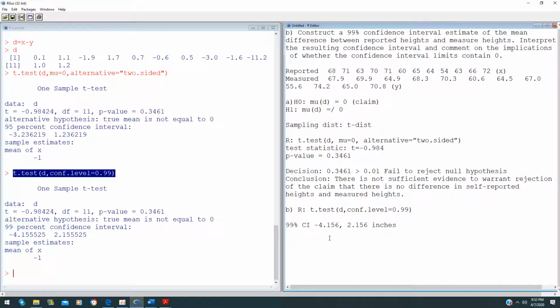That's the previous one. So how do we interpret this confidence interval?